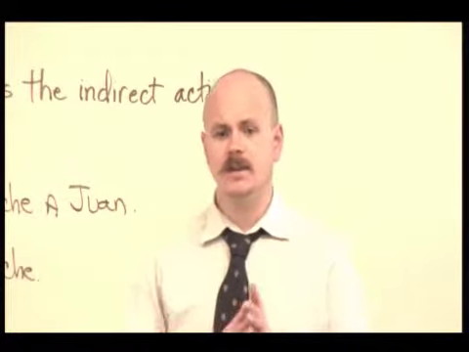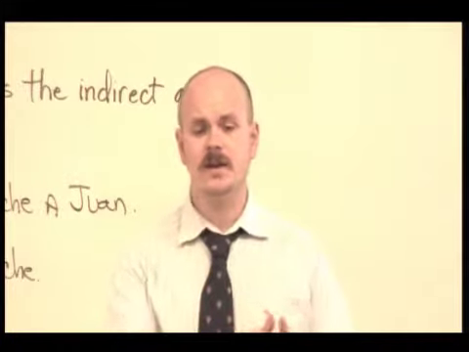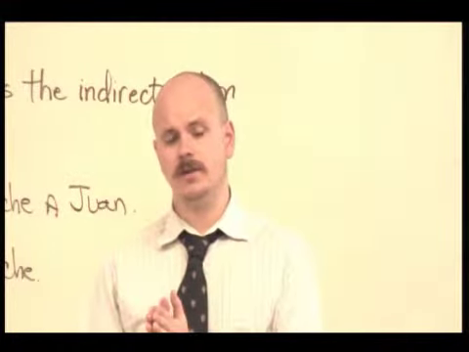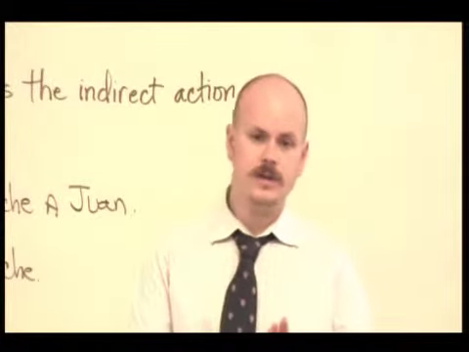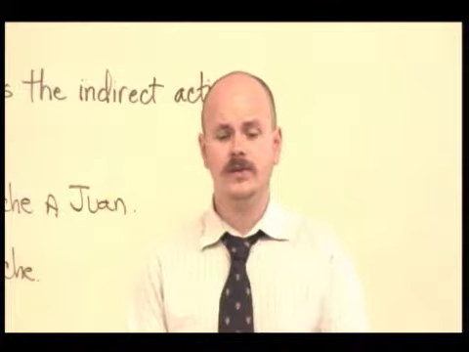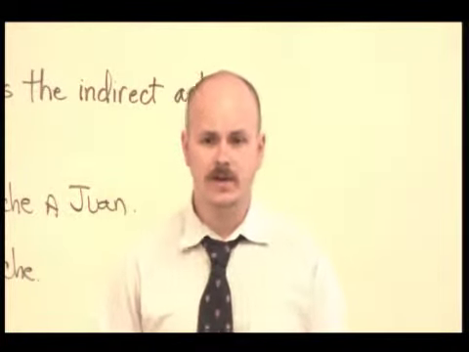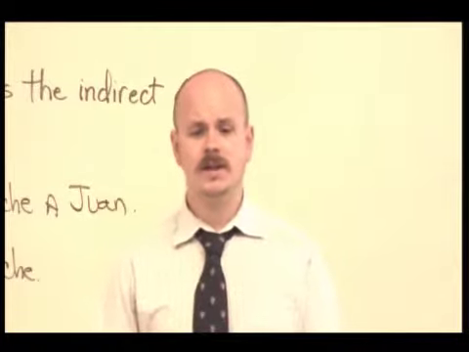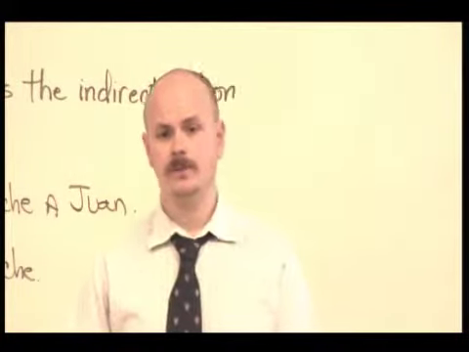Today what we're looking at is something different. Today we're looking at indirect objects. And so if you remember that a direct object was what received the direct action of the verb, you can therefore understand that an indirect object is what receives the indirect action of the verb. And now, in order to figure out what the indirect object is in a sentence, we generally ask ourselves the question, to whom or for whom?